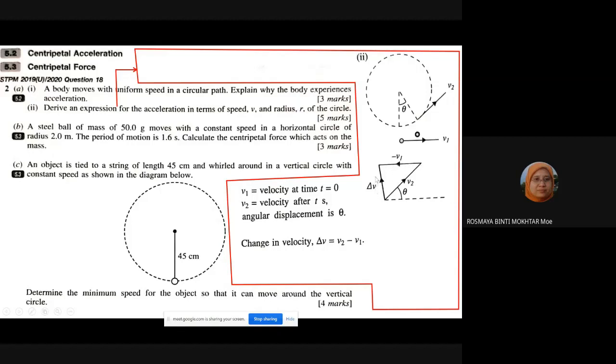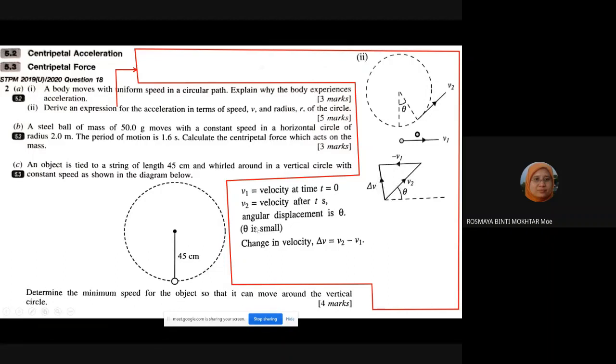So we get delta v, the change in velocity, and the direction is upward. For a small angle, you will find that delta v is towards the center. Here it does not look like it is towards the center because we drew theta bigger. If we draw a smaller size, you will find that it is directed towards the center.